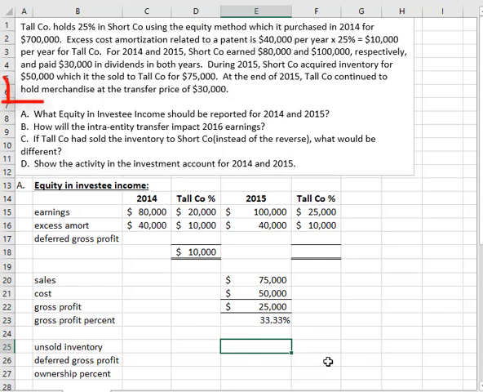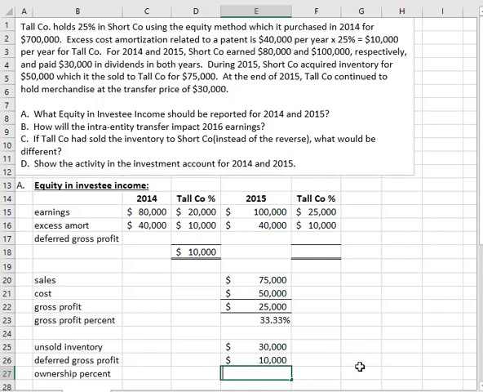So what was the unsold inventory? It tells you that they continued to hold merchandise at the transfer price of 30,000. So that is our unsold. And the deferred gross profit in that 30,000 would be 30,000 times the 333 repeating. And if you truncate, you'll get 999 or something like that.